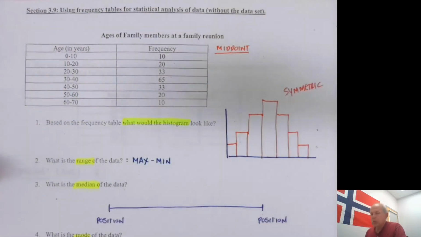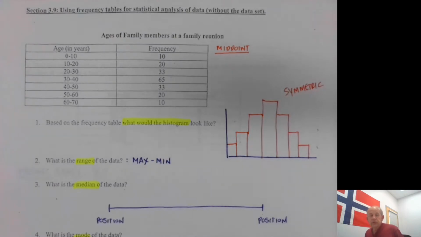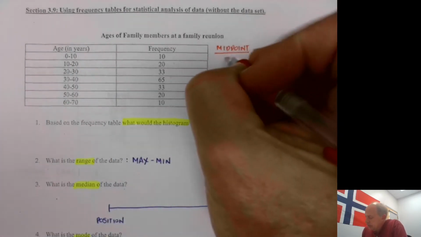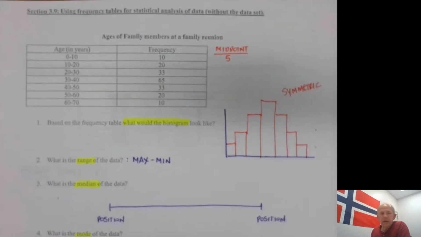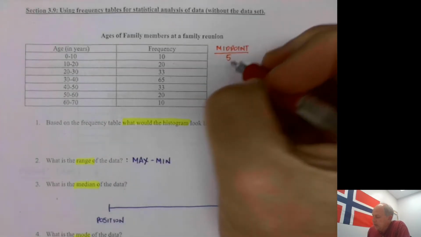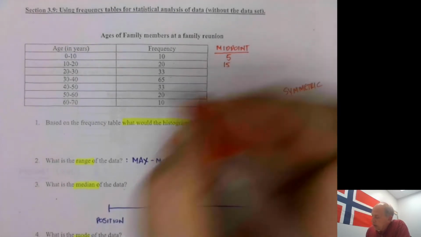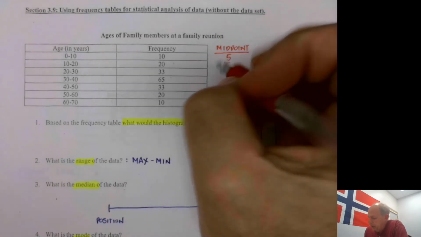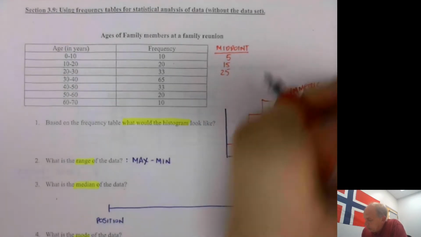frequency tables that I'm going to use for a statistical breakdown, I have to find the midpoint of each interval. So the people that are between 0 and 10 years of age, I'm going to estimate their age at 5 years old. So I'm picking the value that's right in the middle. 10 to 20-year-olds, the teenagers, I'm going to say they're all 15 because I don't have the actual data set.